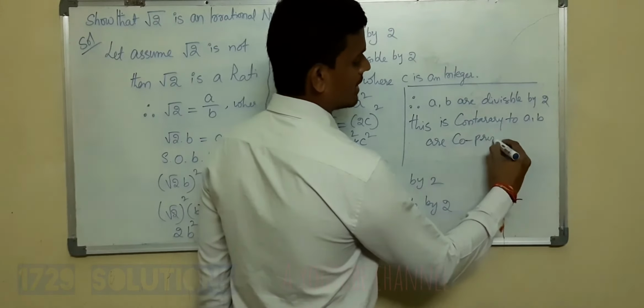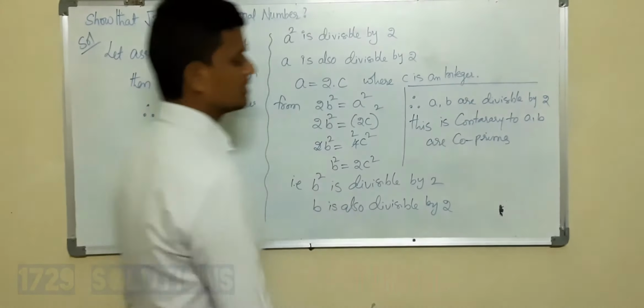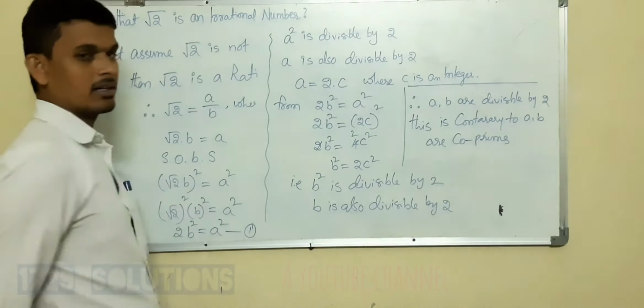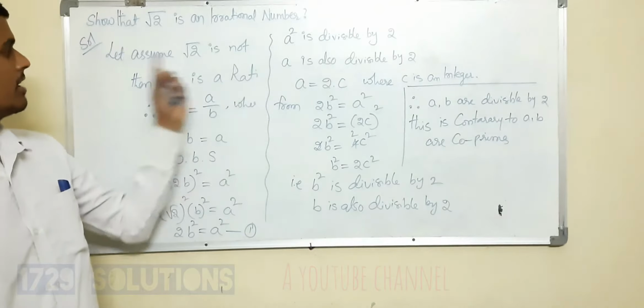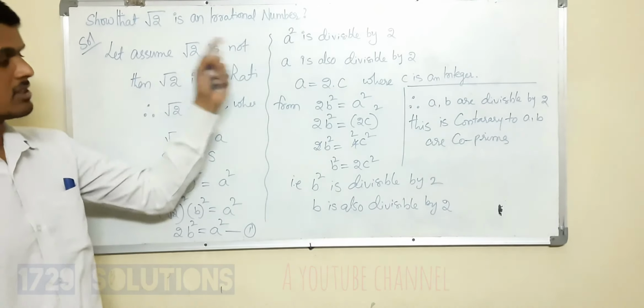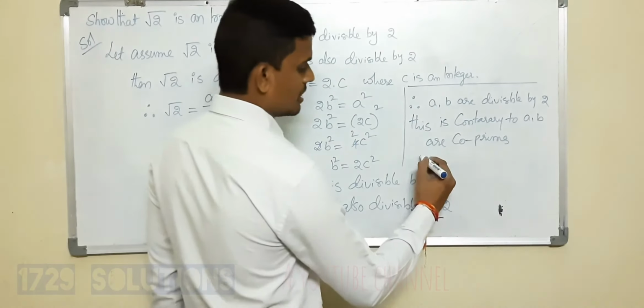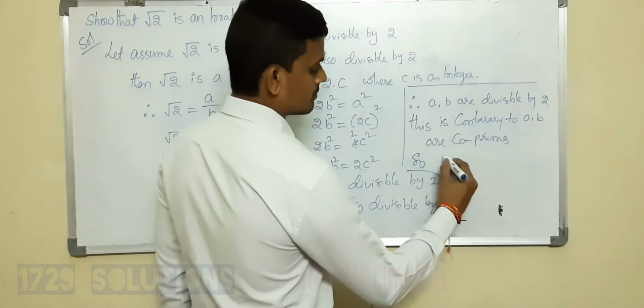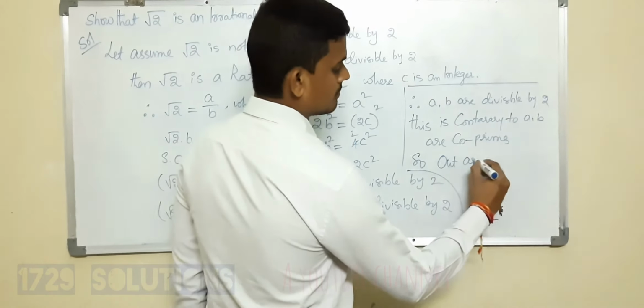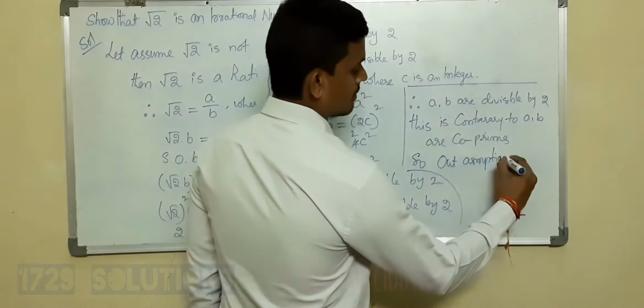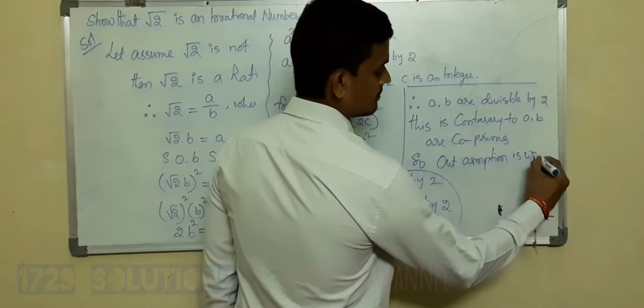So why are we getting the contradiction here? Because in the starting we took a wrong assumption, wrong information. What did we take? Root 2 is rational. So our assumption is wrong.